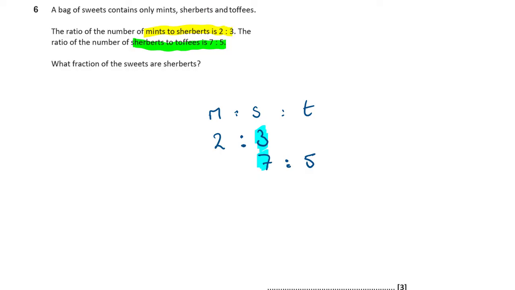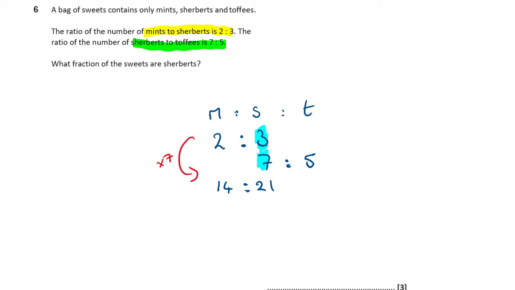So what does 3 and 7 both go into? They both go into 21, don't they? 3 times 7 is 21. So if we can scale up the first part of this ratio by multiplying it by 7, so 3 times 7 gives me the 21, and the 2 times 7, that's going to give me 14, isn't it? So 14 to 21.